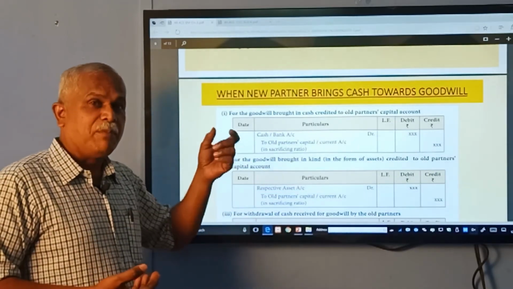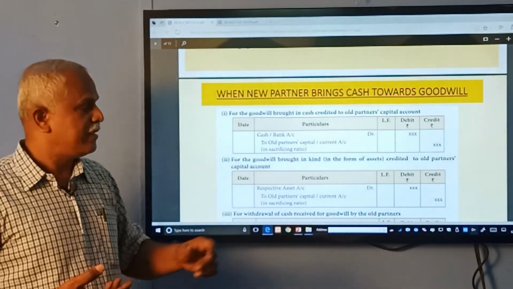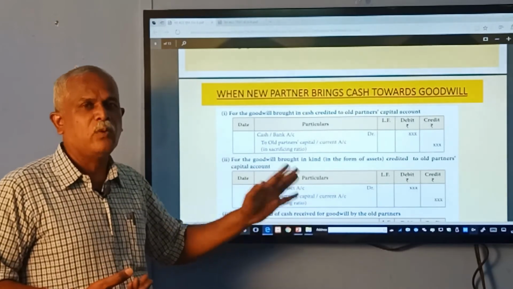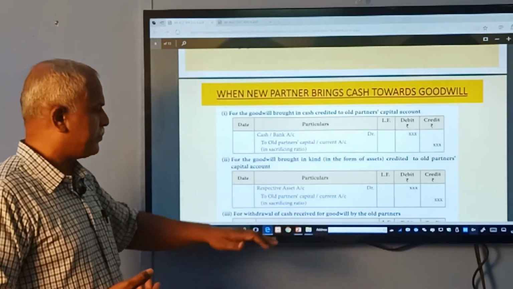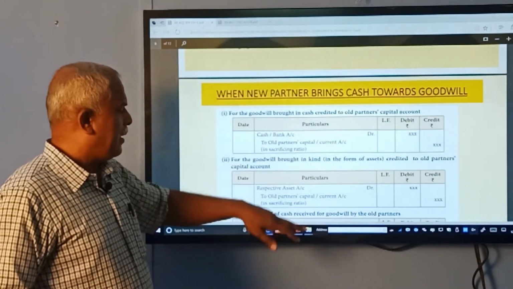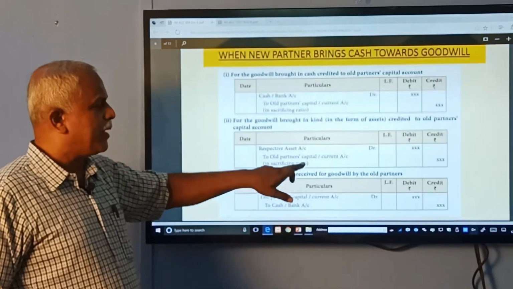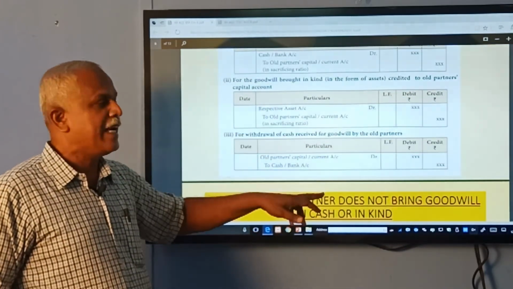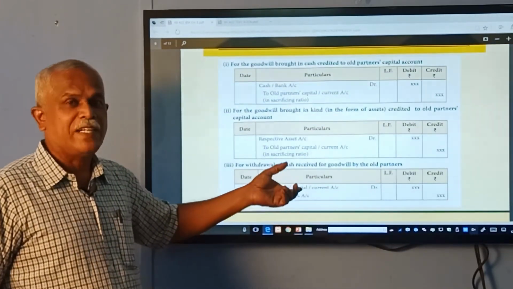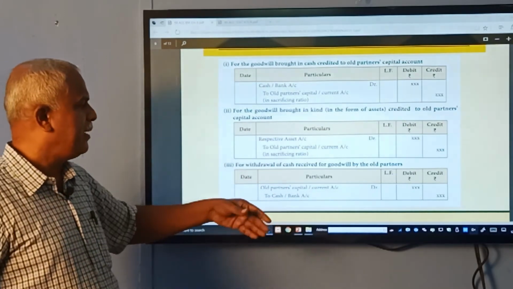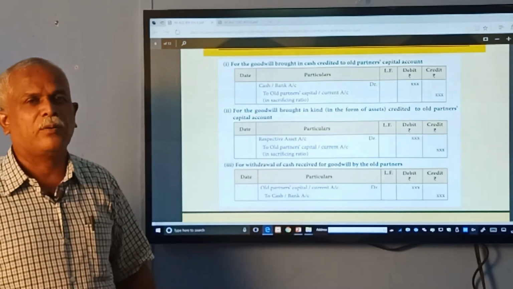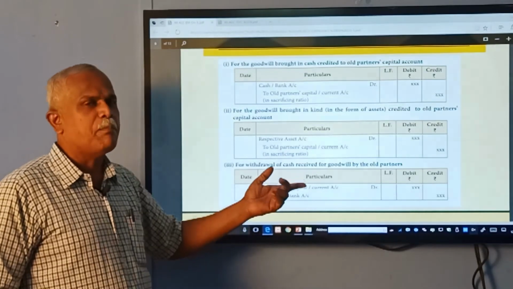When he brings it in the form of an asset, not in cash, the respective asset account is debited to old partners' capital account. When the cash given by the new partner as goodwill share is withdrawn by the partners, then old partners' capital account to bank account.